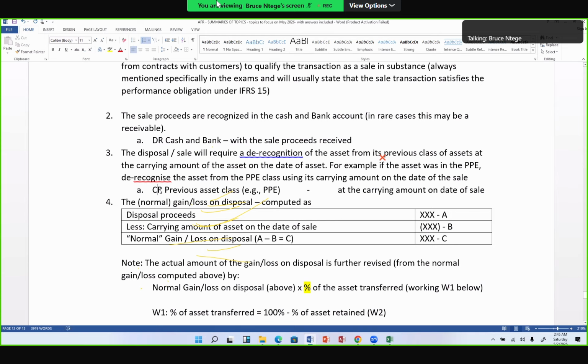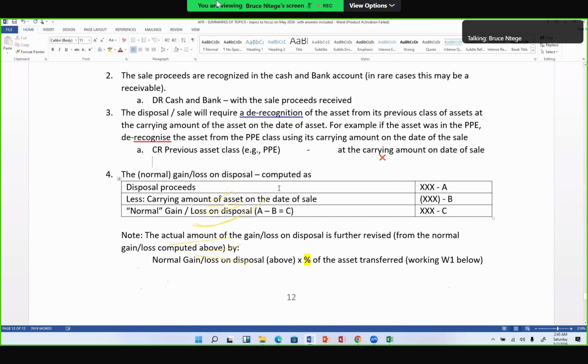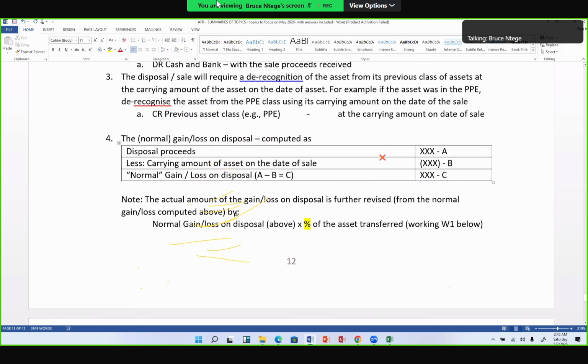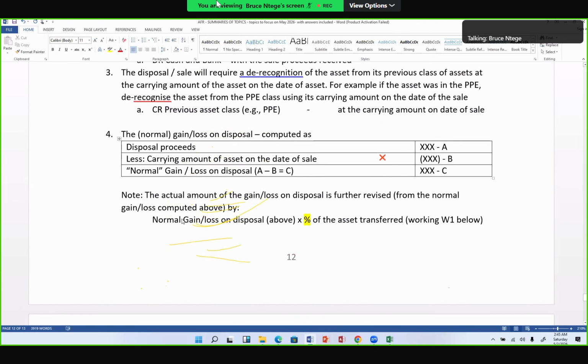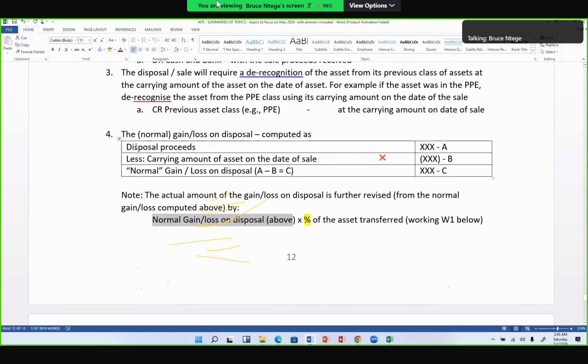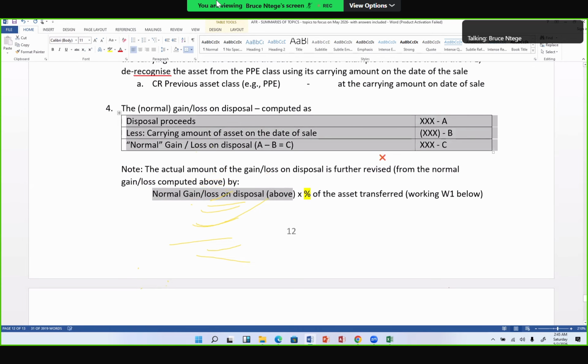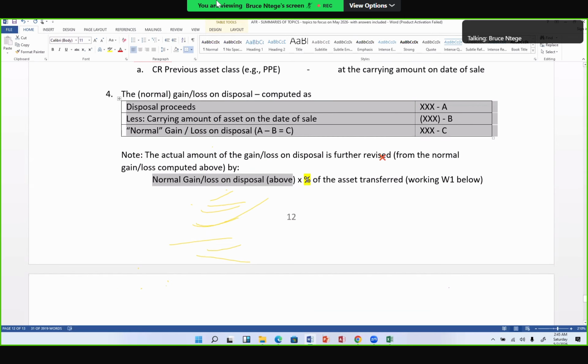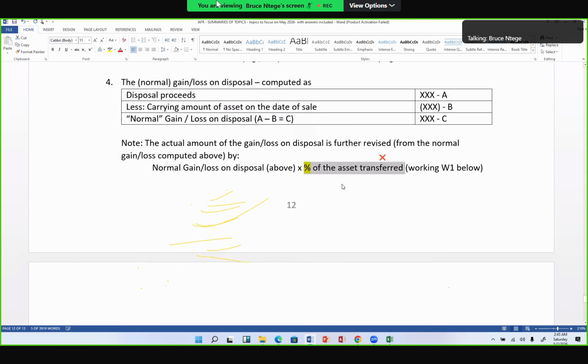Now, number 4 is where I start struggling. I need to get a gain, this special gain here, which I'm going to use in the figures. This revised gain I'm going to use is going to be the normal gain times the percentage of the asset transferred.